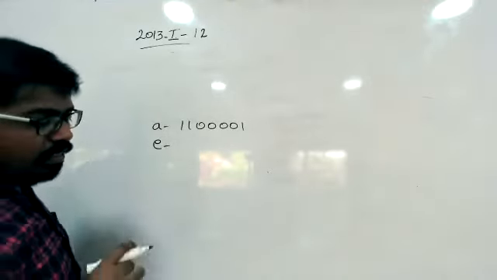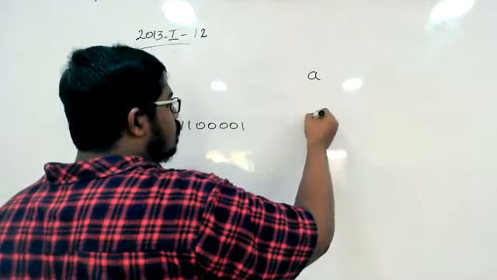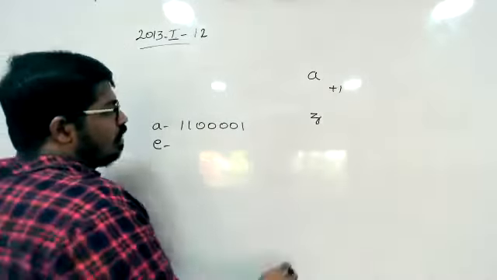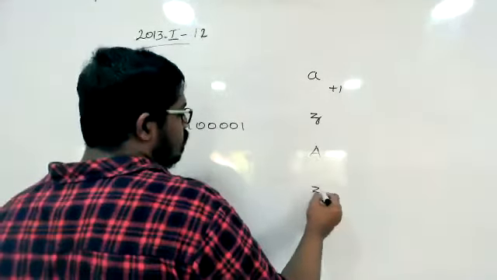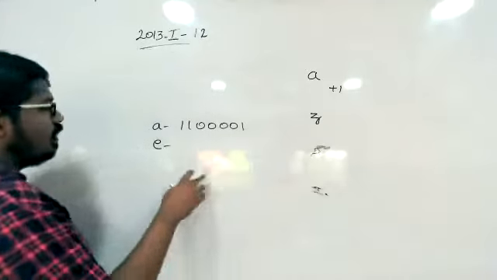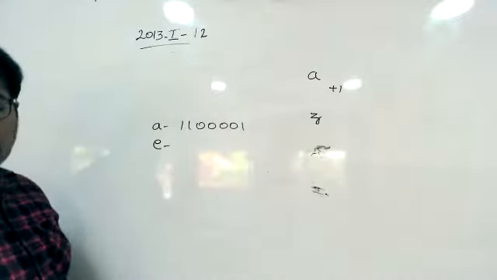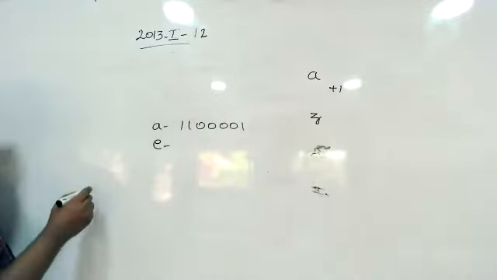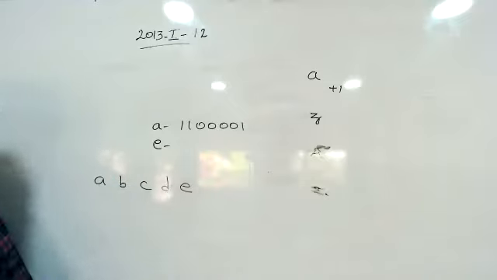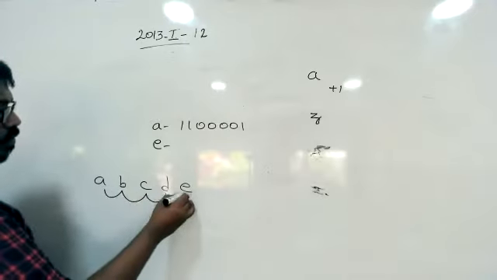So as I said earlier in our class, from small a to small z, the value increases by 1. Likewise, capital A to capital Z. Right? So here they gave you A and asked you to find out E. So A, B, C, D, E. 1, 2, 3, 4.